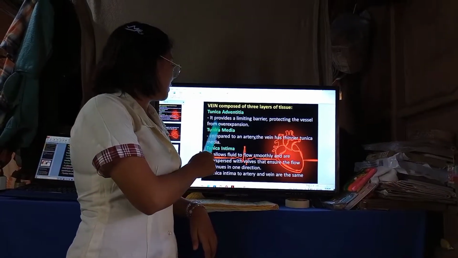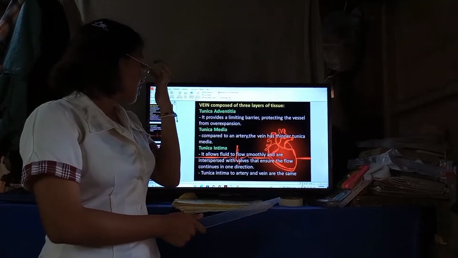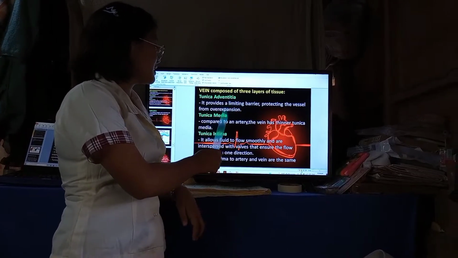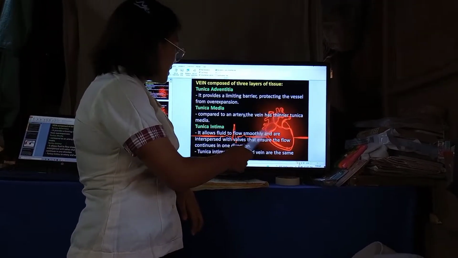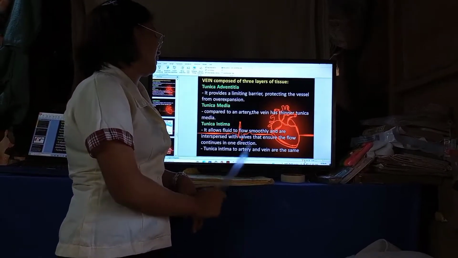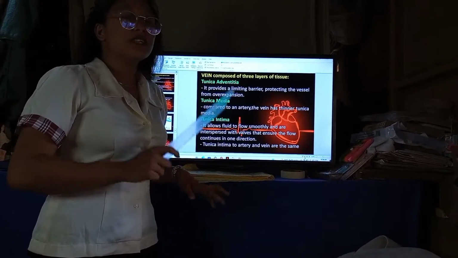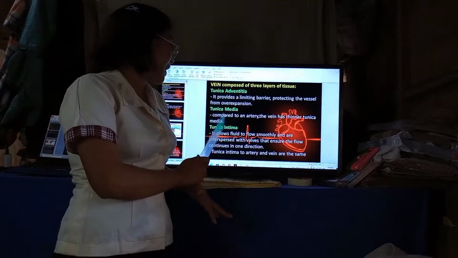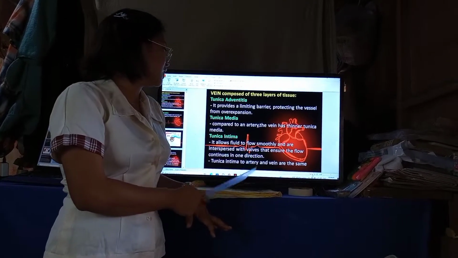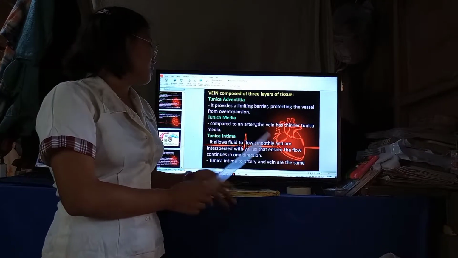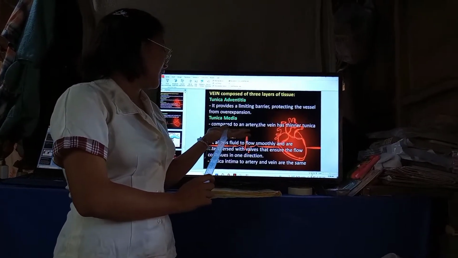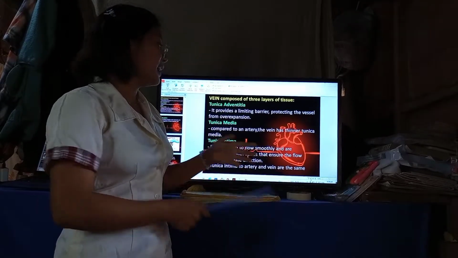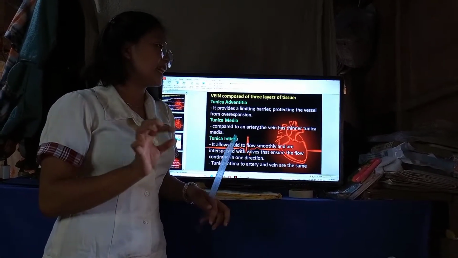So the 3 layers of tissue of a vein, first is the tunica adventitia. It provides a limiting barrier protecting the vessels from overexpansion. So I will proceed to tunica media. Compared to an artery, the vein has a thinner tunica media.